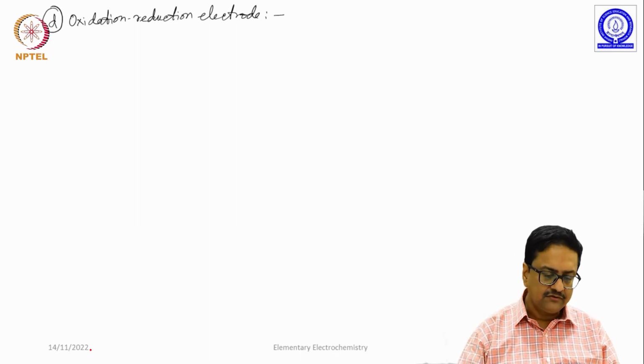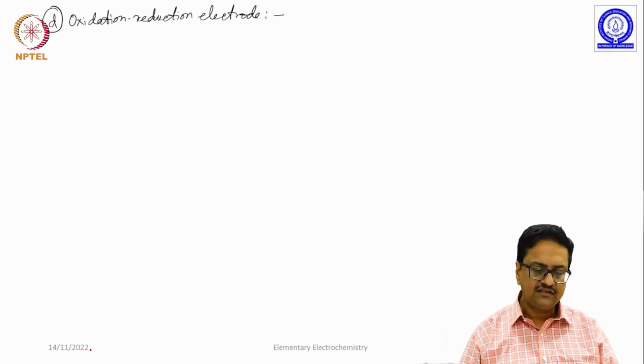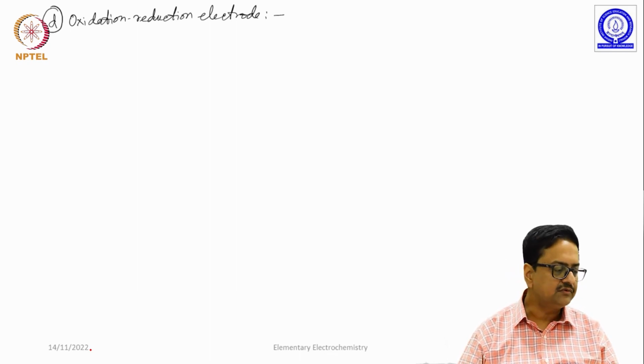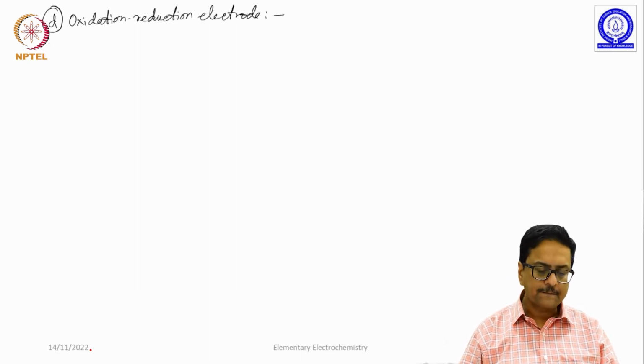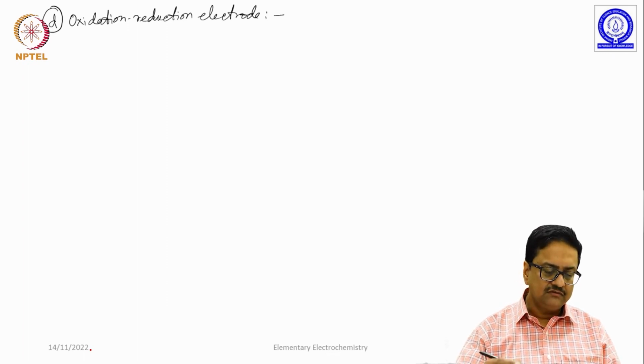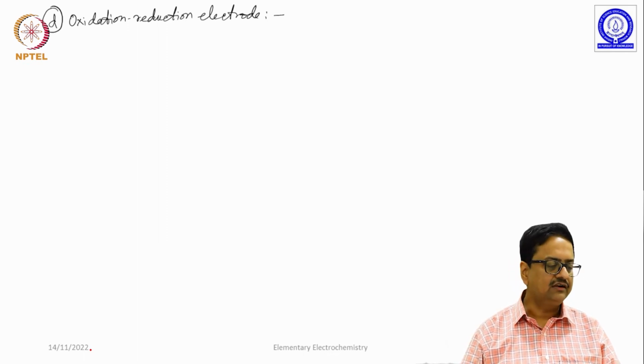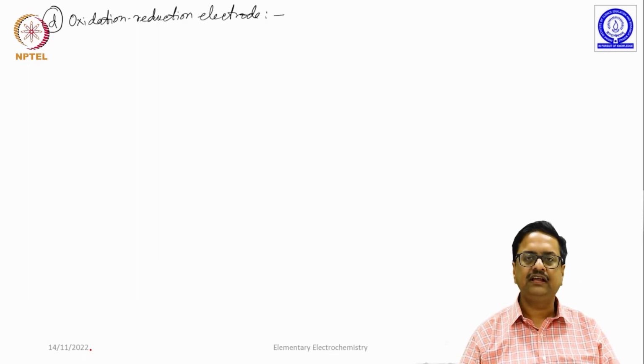See, if you have noticed the cell reactions we have written in the previous cases of metal ion electrode, metal sparingly soluble salt electrode, gas electrode, everywhere we have talked about the oxidation and reduction process involving the particular element in its elemental state, that is oxidation state 0. Hydrogen electrode, chlorine electrode, and then metal ion electrode. Everywhere one of the elements is taken at its oxidation state 0.